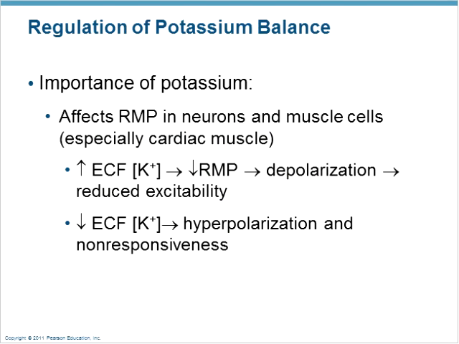There's a regulation of potassium balance, and the importance of potassium is it affects the RMP, the resting membrane potential, in neurons and muscle cells, especially cardiac muscle. Increased extracellular fluid potassium decreases the resting membrane potential, so it affects depolarization and results in reduced excitability of the cells. A decreased extracellular fluid potassium causes hyperpolarization and total non-responsiveness of the cells.